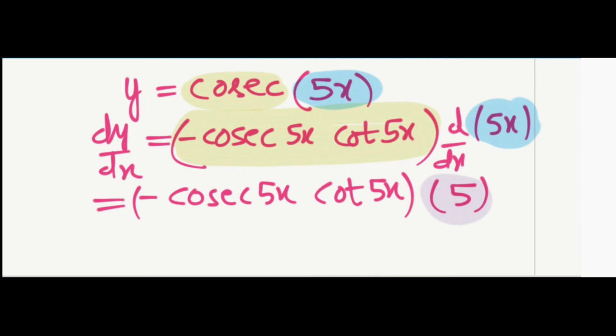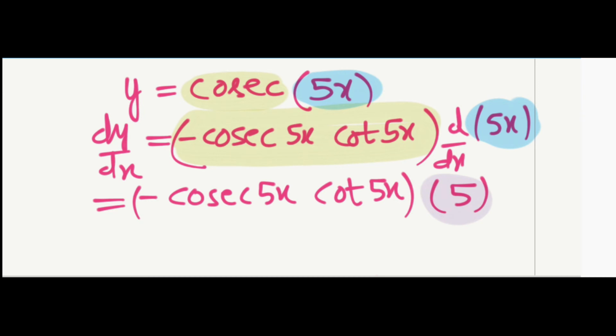As you know by formula, the derivative of cosecant is cosecant and cot. So if y equals cosecant 5x, then dy by dx equals minus cosecant 5x cot 5x.